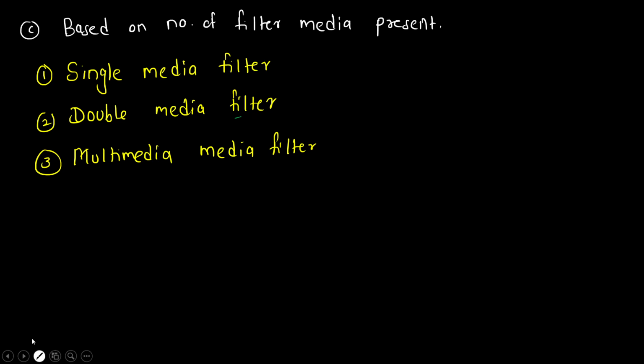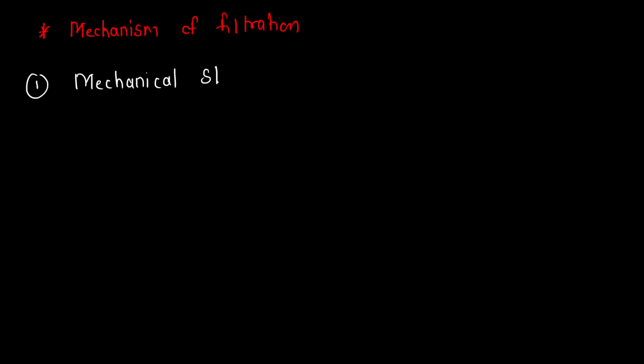Now the next topic that we have to discuss is the mechanism of filtration. In this mechanism, the first point that we have to study is called mechanical straining. This is the first thing that happens when the water is passed through the filter media.